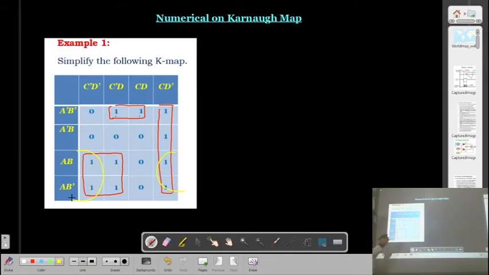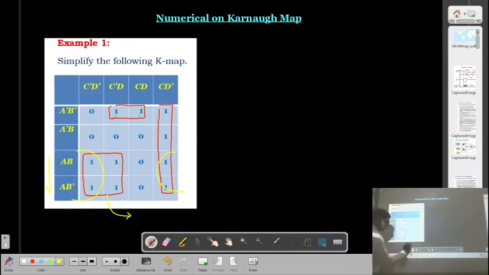Now, if you see what is the expression for this quad, if I write the expression, then you have to see which variables are going to be complemented or uncomplemented. That variable is going to be eliminated. So if I move in this direction, then the variable a is going to remain constant.